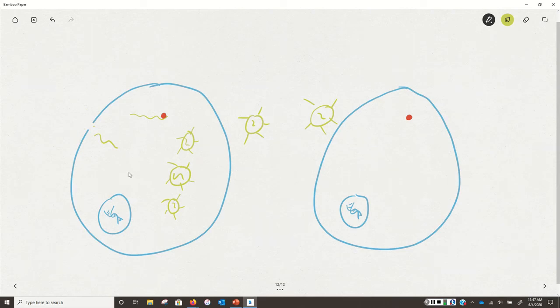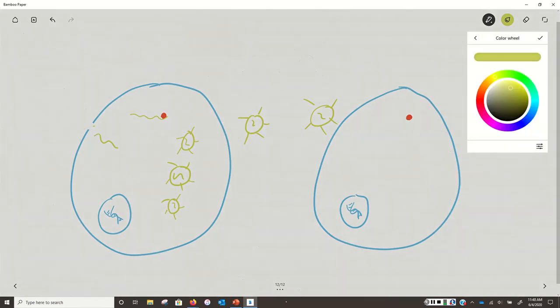And even though there's no fix for this cell, there is something else that comes of it. When this cell's other activities start to drop off, that tells it that, hey, I may be getting infected by a virus. And what it does is it will make a protein called interferon.